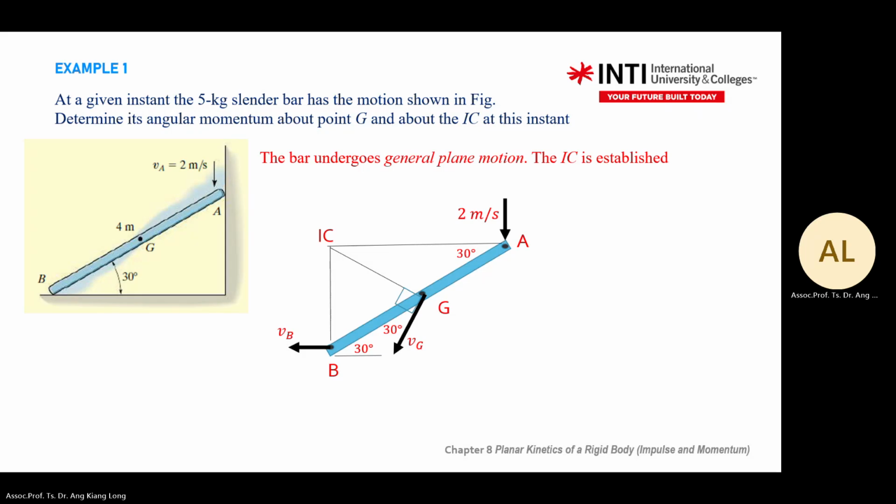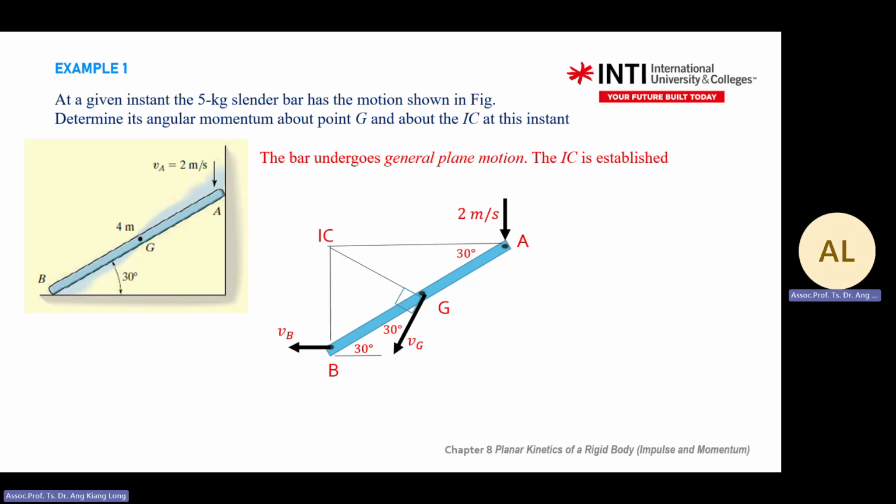But if you raise it, it will be slanted 30 degrees here. Or you can see, because this one is 30 degrees.